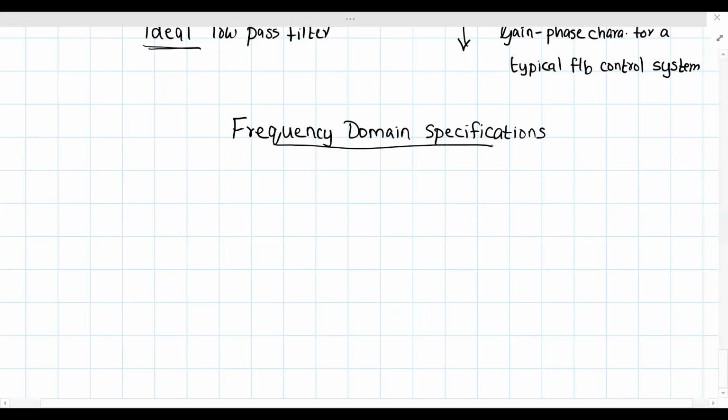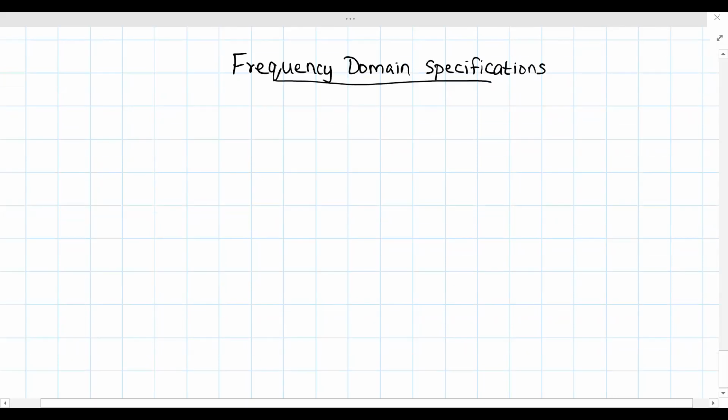Similarly, here we have what are called frequency domain specifications. So I will draw the typical gain phase characteristics once again.